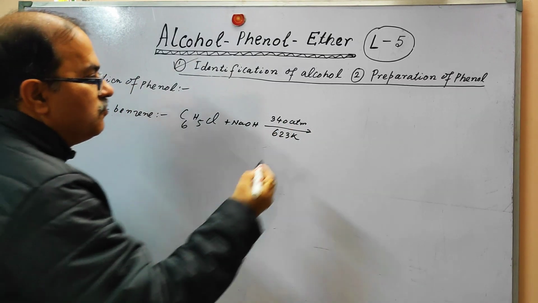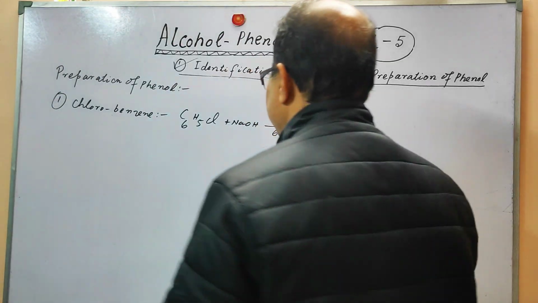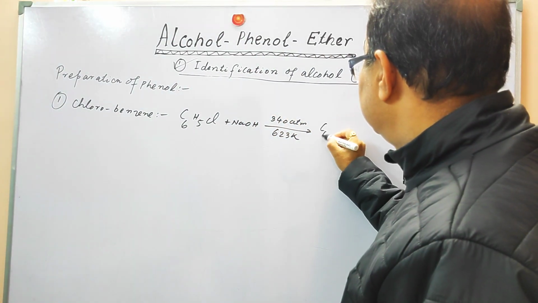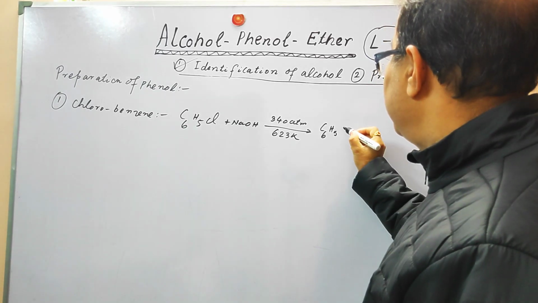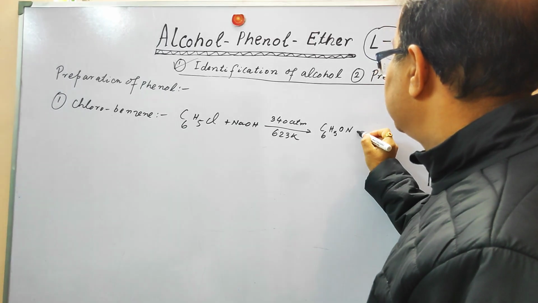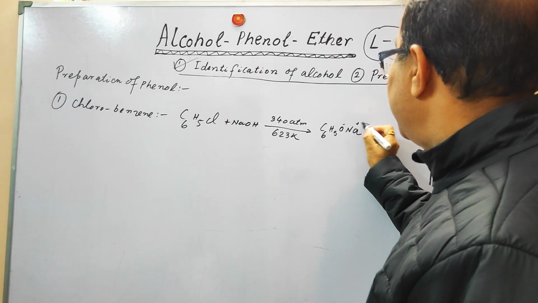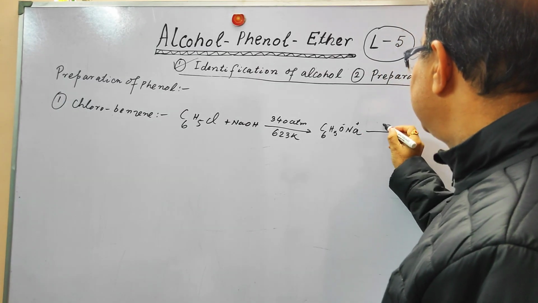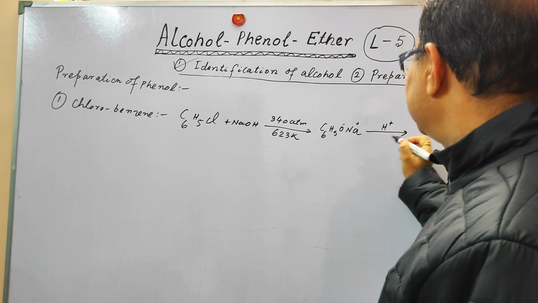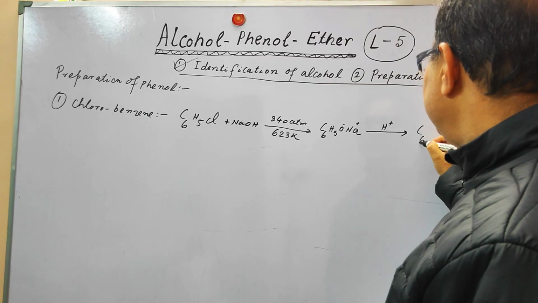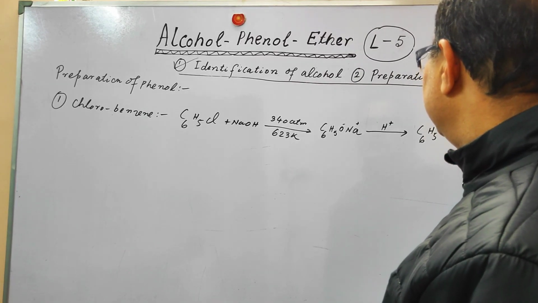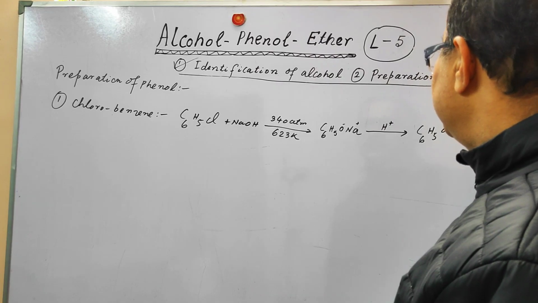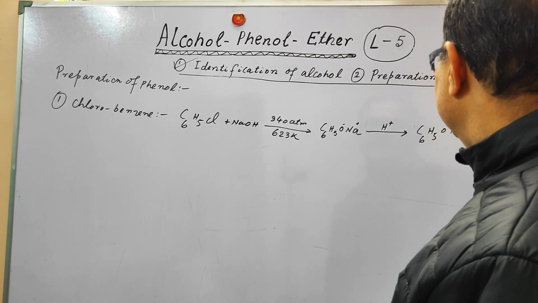At this temperature it will first produce the sodium phenoxide, and when this is hydrolyzed in presence of H plus ions, it will create C6H5OH, and this will give another NaCl.